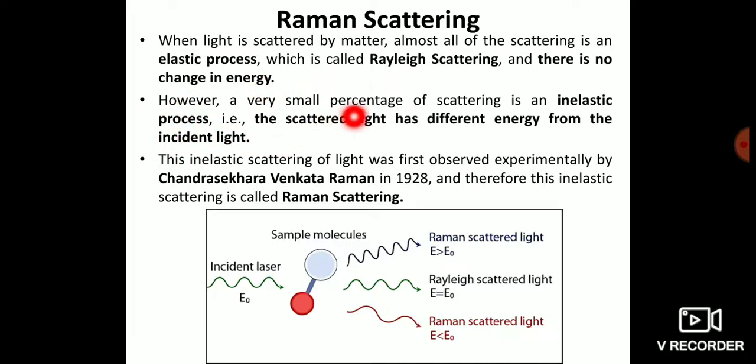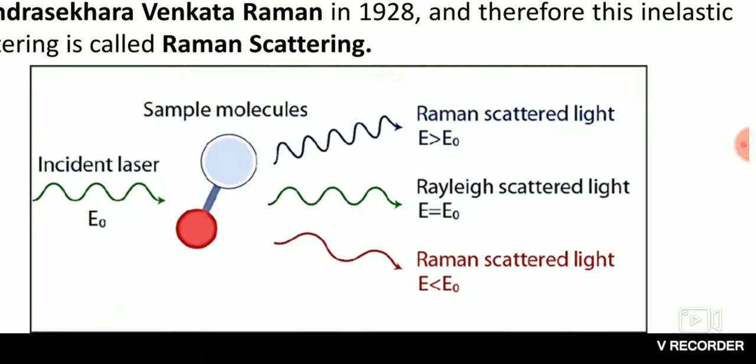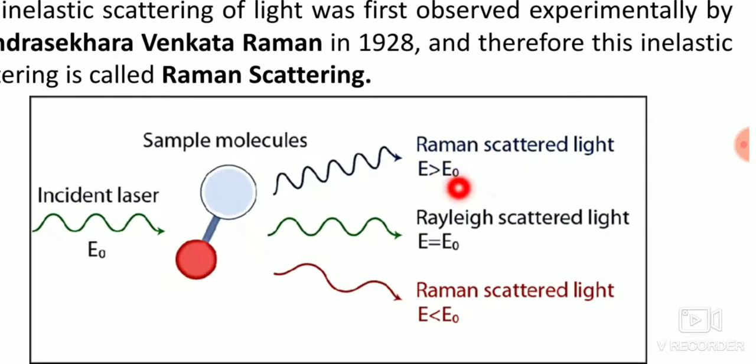This is known as an elastic process, also known as Rayleigh scattering, where there is no change in energy. However, a very small percentage of scattering is an inelastic process, that is, the scattered light has different energy from the incident light. Let us consider this diagram again. Here you can see that E is greater than E0 and E is less than E0. This is Raman scattered light, not Rayleigh scattering.